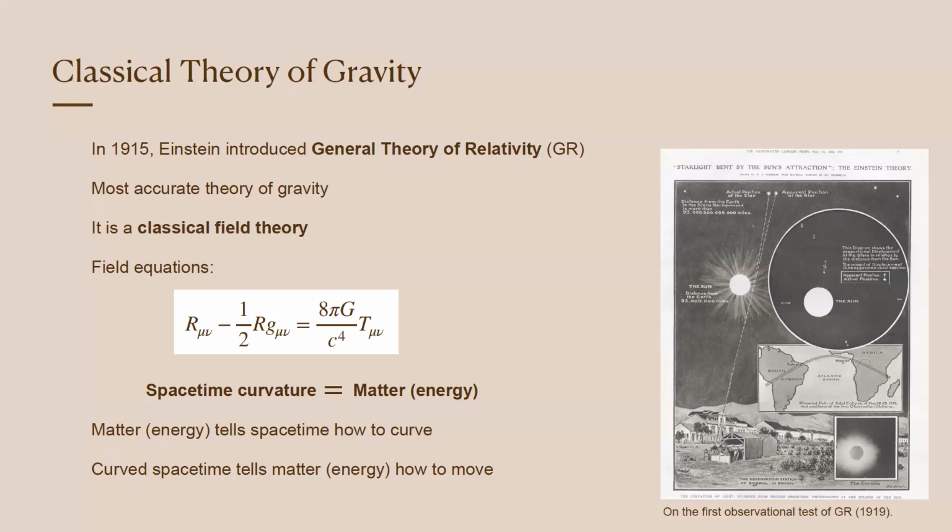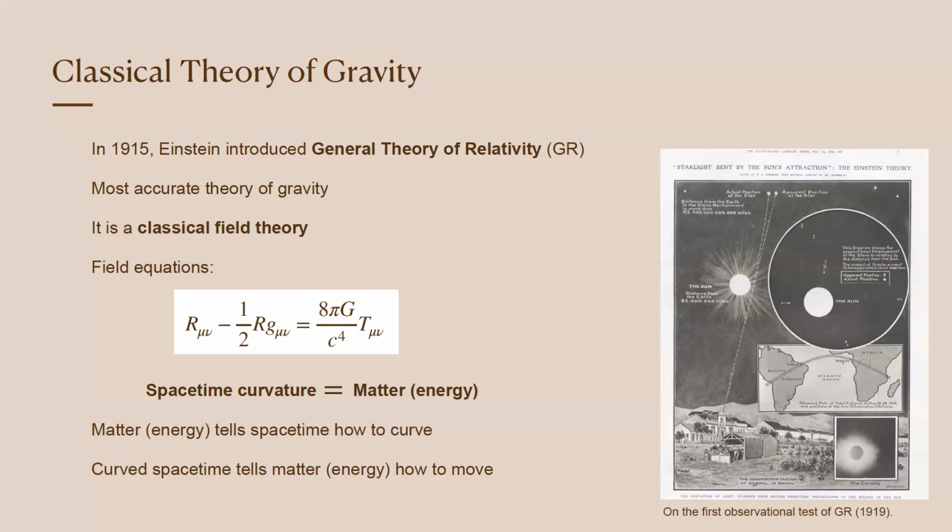Okay, so let's begin with the classical theory of gravity. It was introduced by Einstein in 1915. This is the most accurate theory of gravity that we know so far. There have been so many observational tests, and GR was successful in all of them. So it is a classical field theory. By the way, this was about the first observational test of GR.